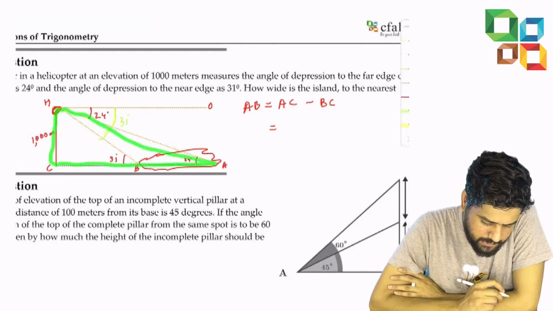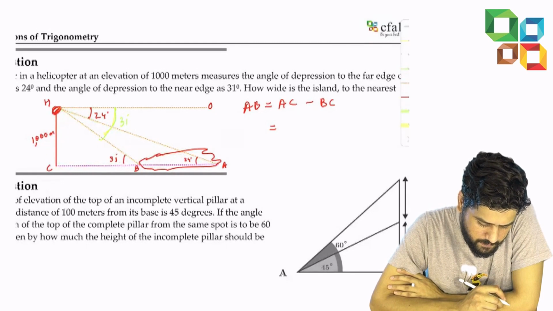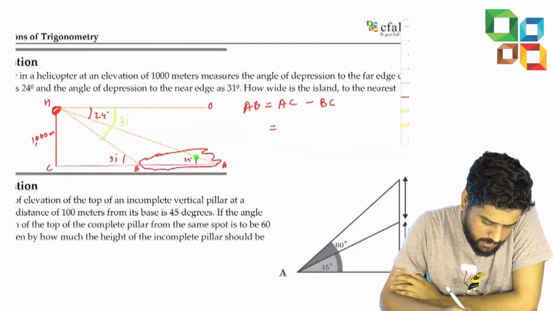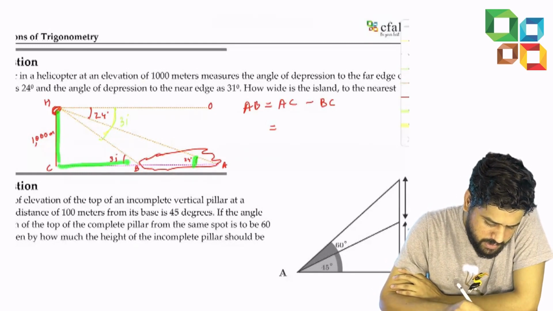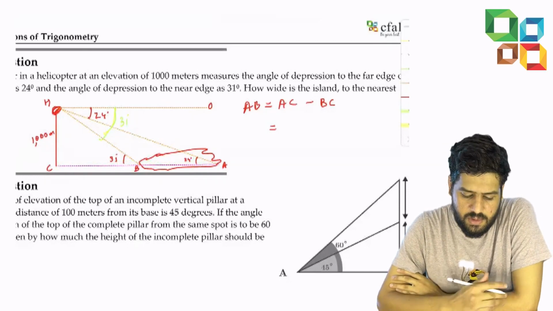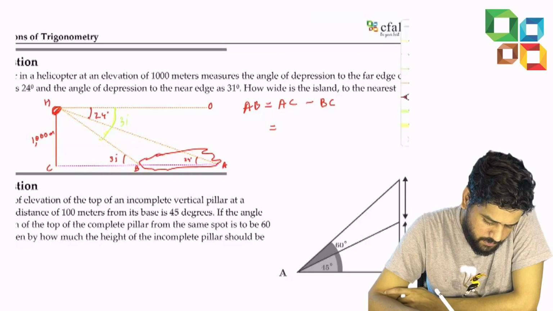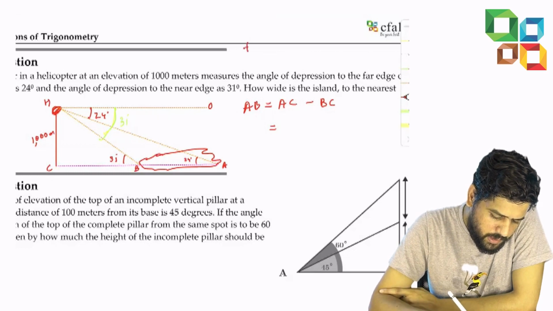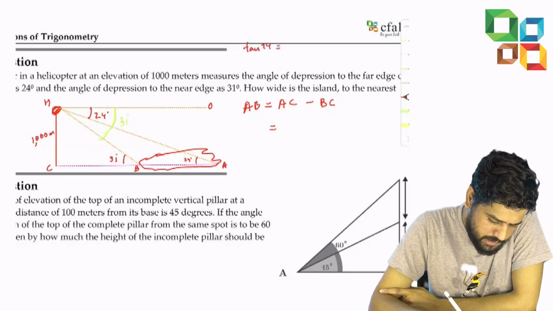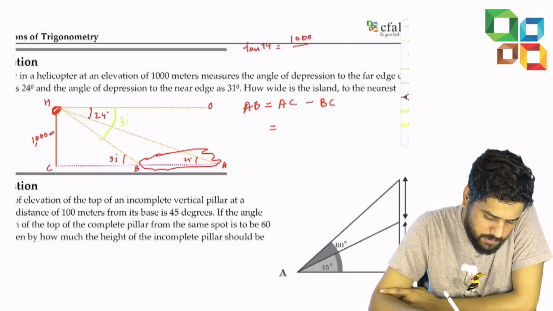This is the triangle. Tan of 24 is 1000 by AC.